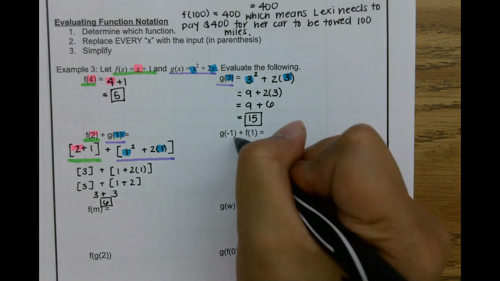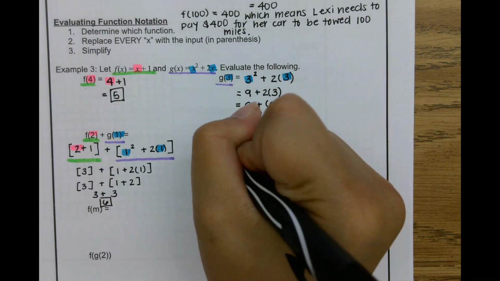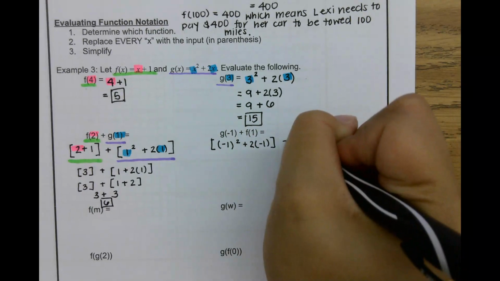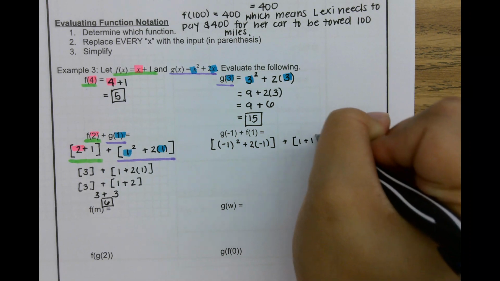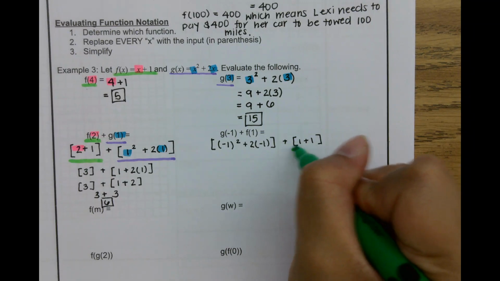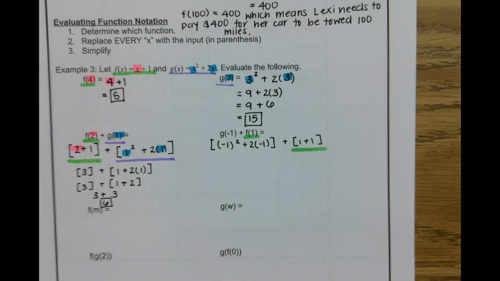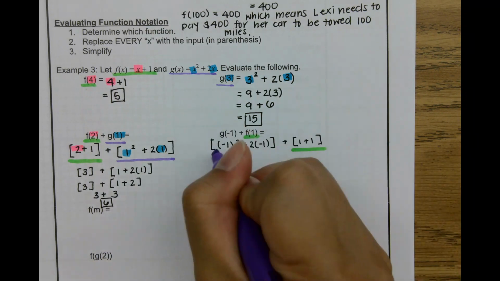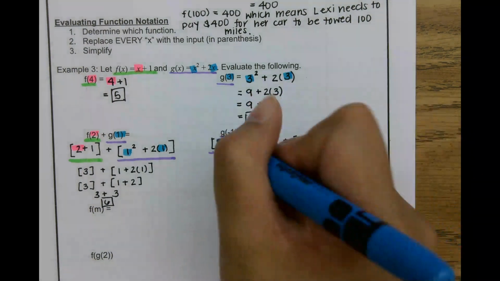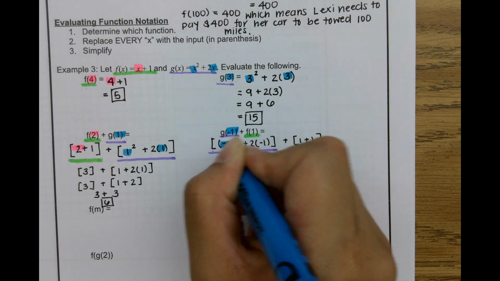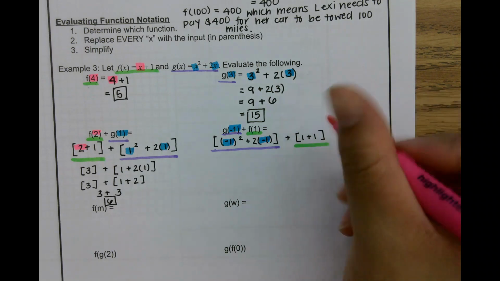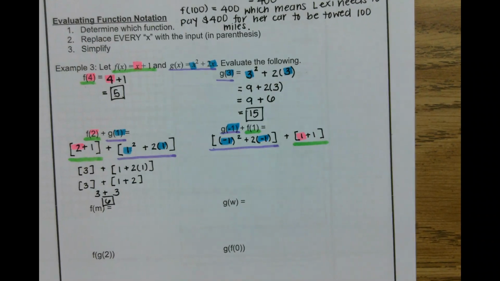Okay, so here in negative 1, I'm going to plug it wherever I see x. Now I'm going to solve using order of operations.